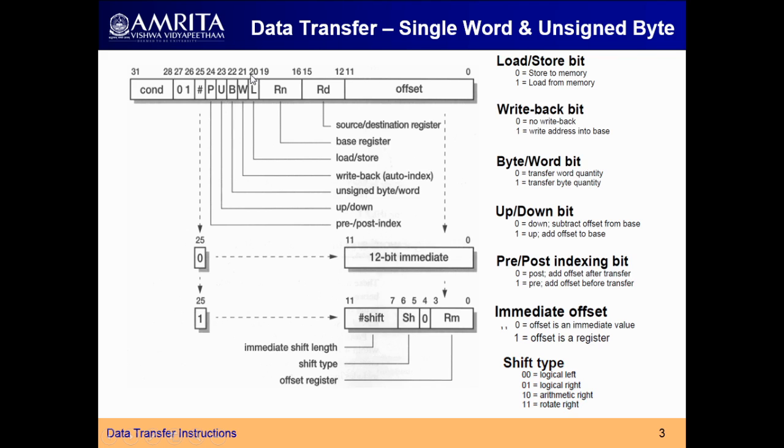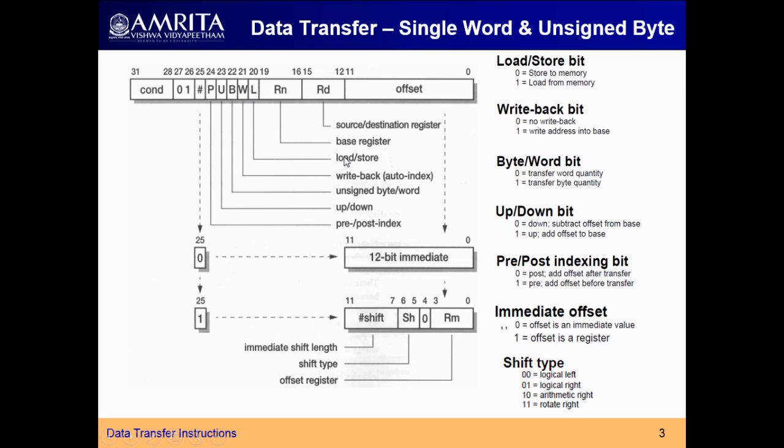The next bit, bit number 20, is used for representing whether you are writing an LDR instruction or an STR instruction. If you are writing an LDR instruction, this L bit will be 1. If you are using STR, the L bit will be 0.